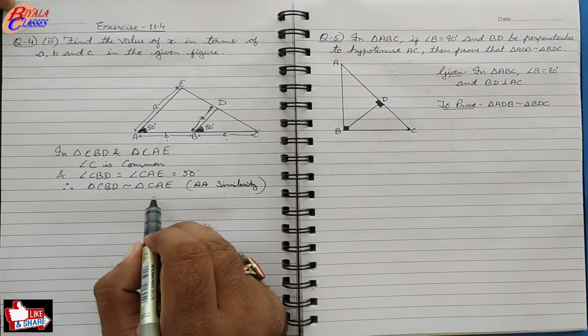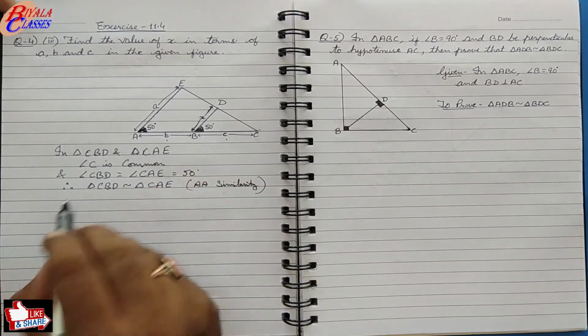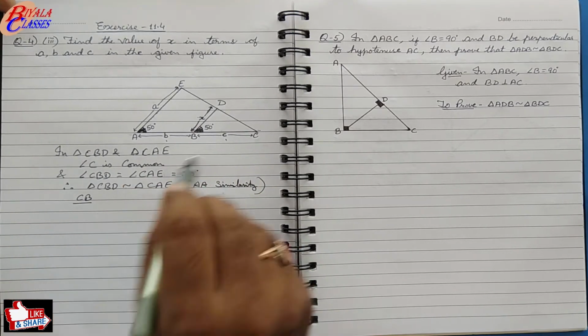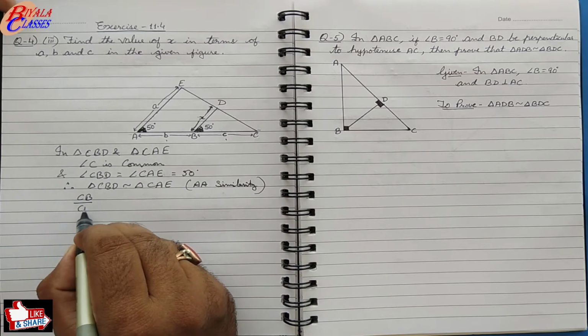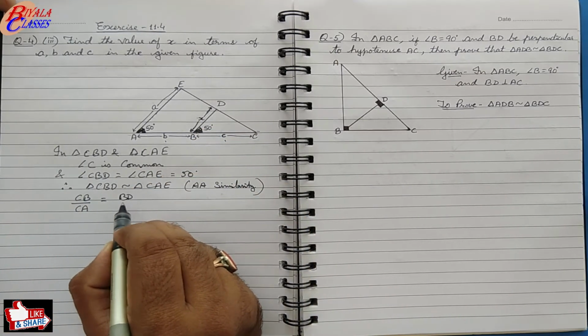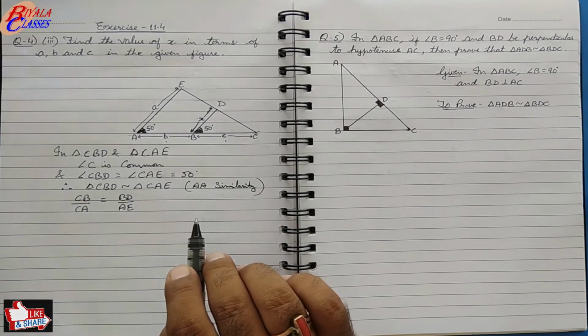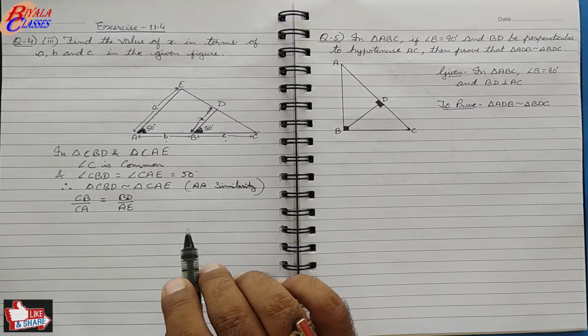Now when the triangles are similar, then the ratio of their corresponding sides will be equal. So CB upon CA equals BD upon AE. The ratio of the corresponding sides will be taken as equal.